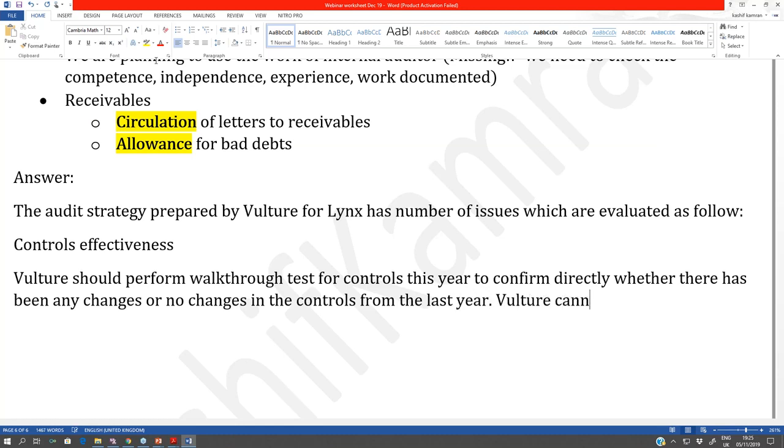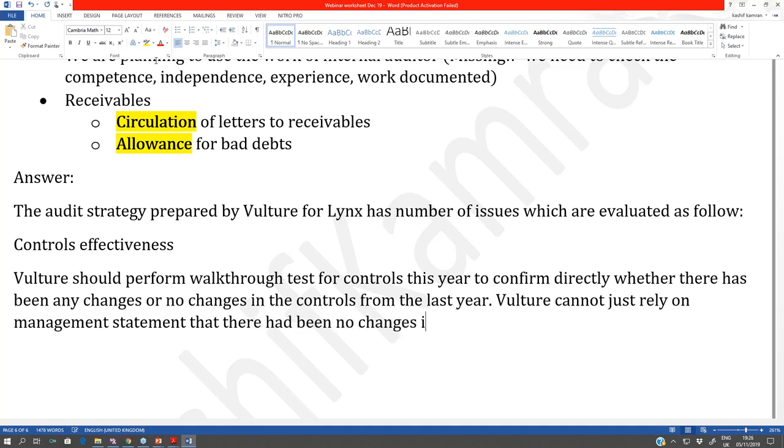Vulture cannot just rely on management's statement that there had been no changes in controls.